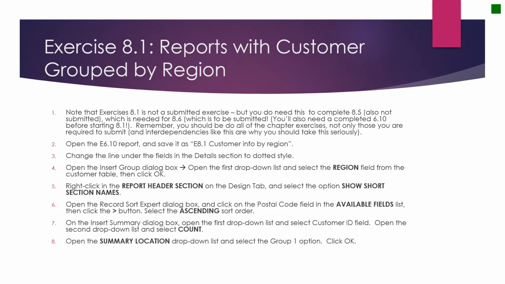So country code will be the major sort key, and the postal code will be the subsort key or the minor sort key. And then we will use the summary dialog box to create a count of the customer ID, which will tell us in each region where the group break is, how many customers are in that region, and then ultimately we'll take that and put that in as a grand total as well.